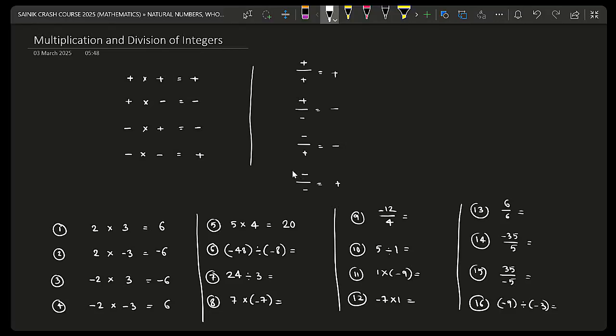Not minus 6. First, check this rule: minus divided by minus is a plus. Negative by negative will be positive, so that is 6. First you check the signs, then you check the number.